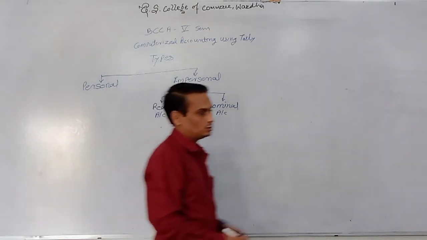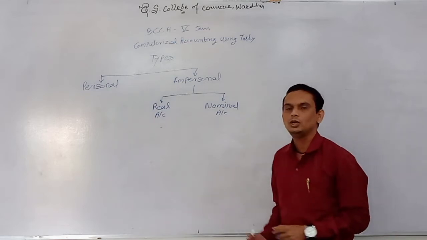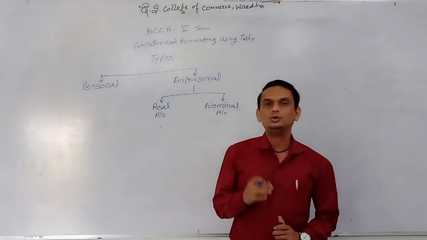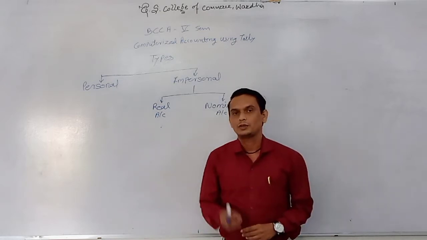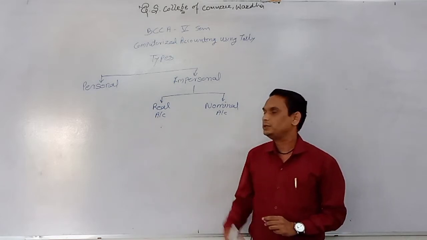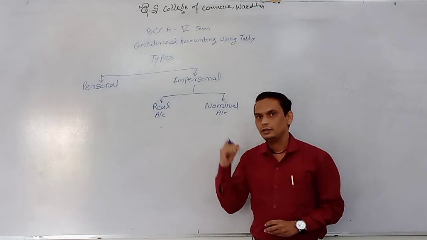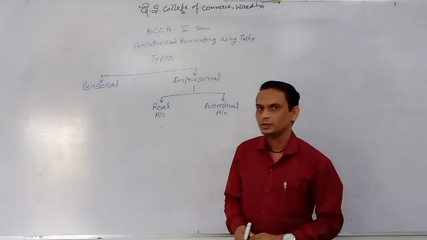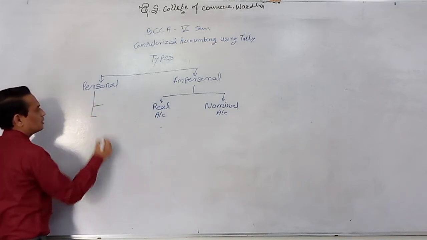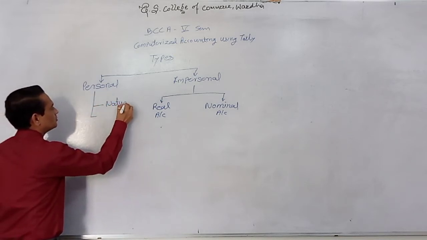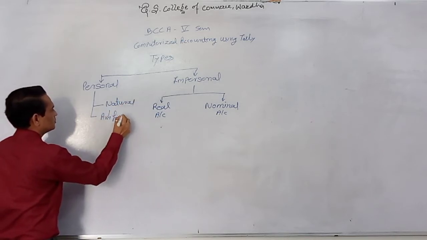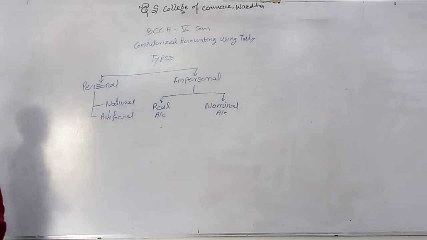Before discussing these accounts, we should know that all transactions are related with these three types of accounts. Personal, just like when we use any name, firm, bank or any other name which is available in our transactions, it would be a natural or artificial person.